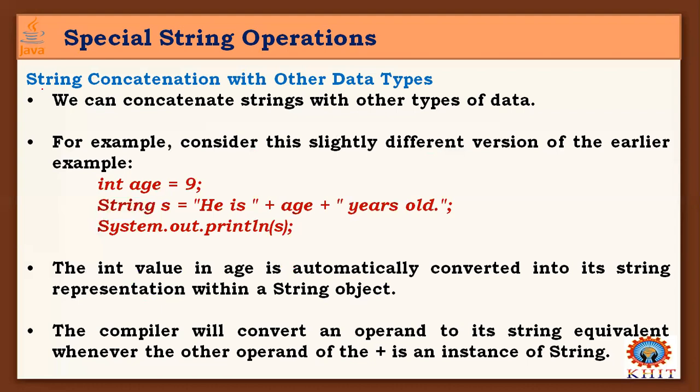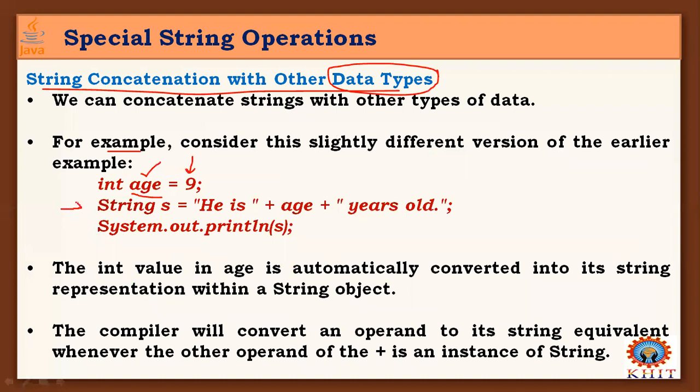String concatenation with other data types. Using other data types also, you can concatenate strings. For example, in the previous one we took age as a string object, but here age is an integer variable initialized with one integer value, 9. Now 9 is not a string literal, it is an integer value.